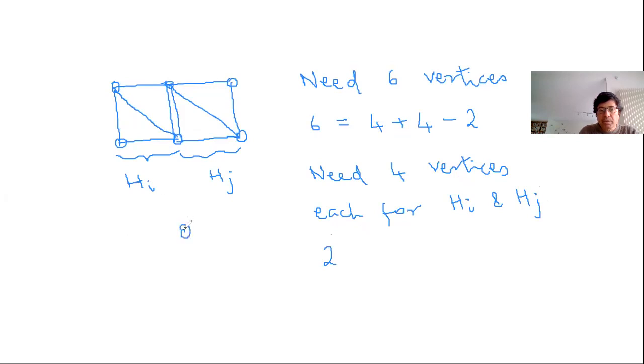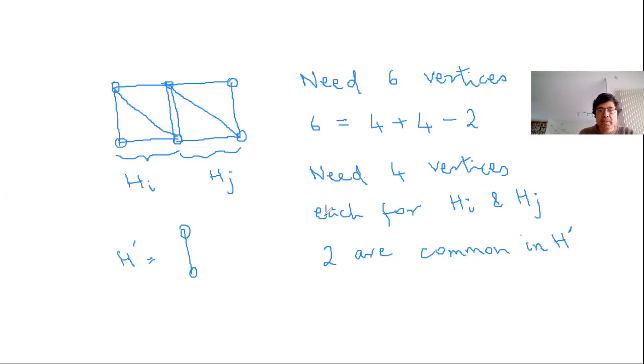H prime here was this. So H prime, these two intersect in one edge, 2 vertices and 1 edge. So 2 vertices are common, belong to the intersection, and so they are common in both. So we are double counting if we count them in each. So we need to subtract this. And 1 edge was common, but we are not concerned about edges at the moment.